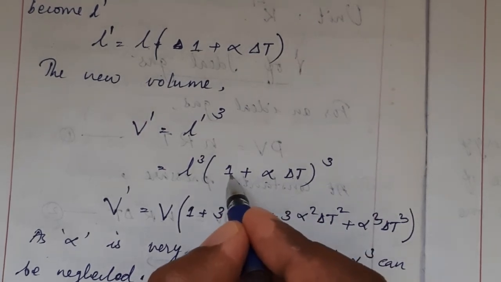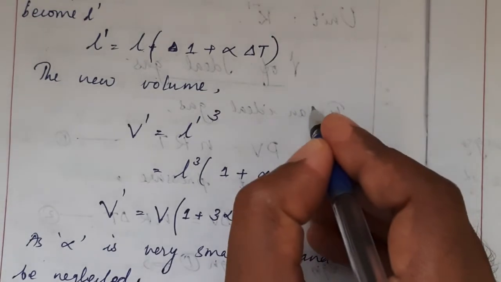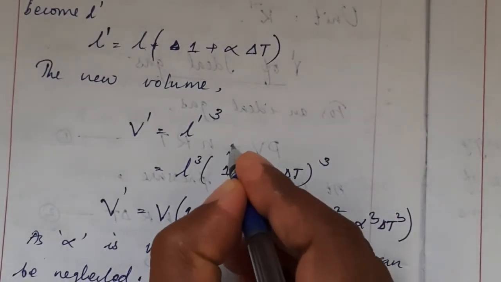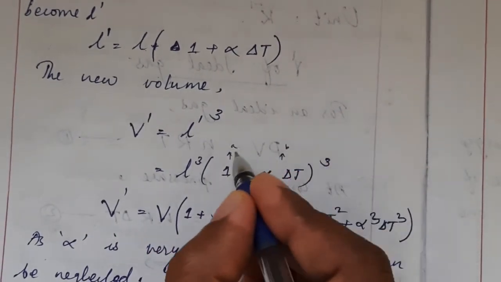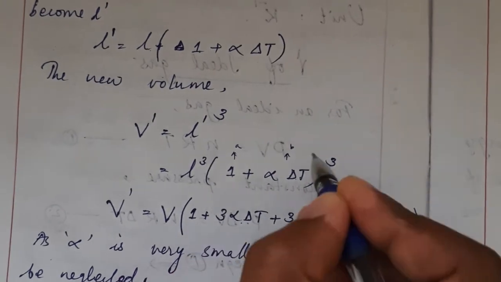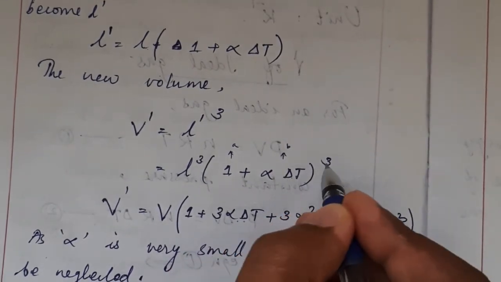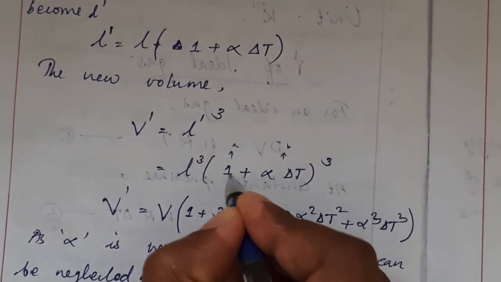a cube, for example, this is a and this is b. This term is fully a cube, that is 1 cube, plus 3 a square b.